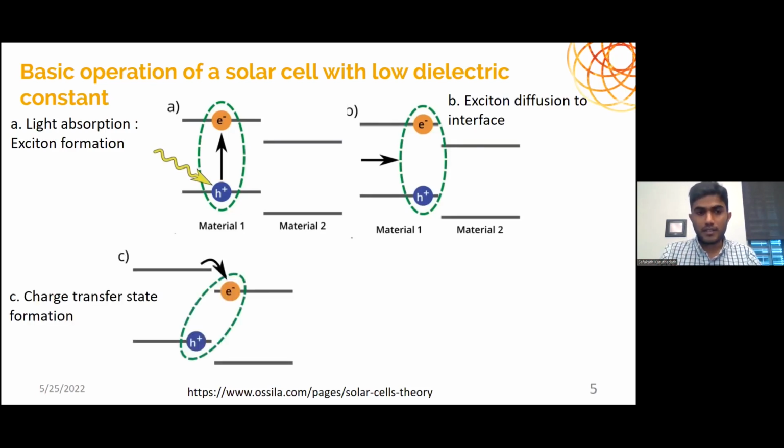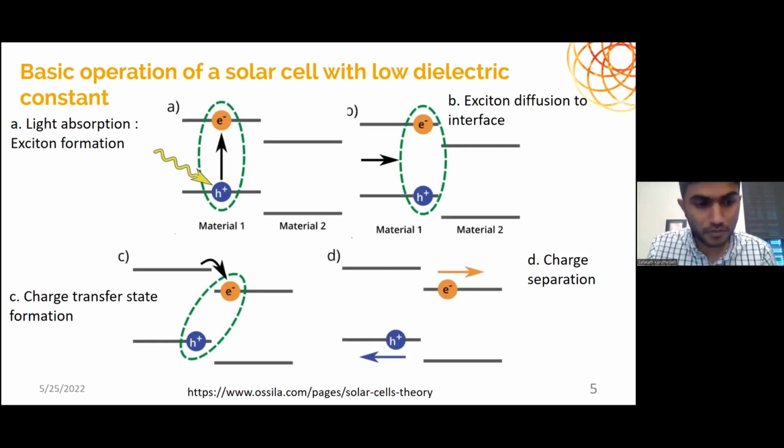Then there is charge transfer state formation, with the electron in material 2 and the hole in material 1, still bound but a little more separated. This state we call the charge transfer state. This is an important intermediate in organic solar cells, at least most of them. And finally, we will have charge separation and we will have current.